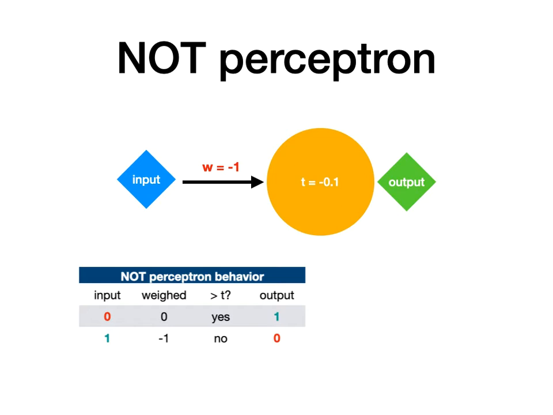So it's going to invert the signal. You don't have to really focus on this, but the idea is that you can set up the weights and the thresholds of an artificial neuron to do a very small calculation, a Boolean calculation, a binary calculation. So that's the not perceptron.